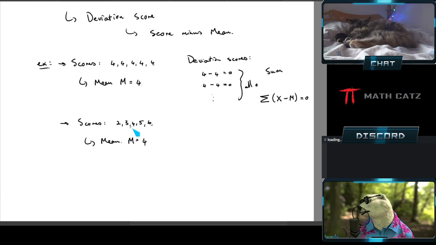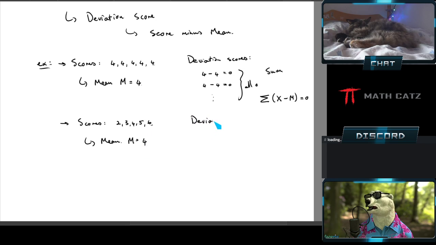There is a difference between this distribution of scores and the previous one. It's not the same. Previously, I got all the same score, 0 deviation. Yeah, that's correct description. Here, I do have some spread around 4. I got a 2 sometimes. I got a 6 sometimes. I didn't always get the same score.